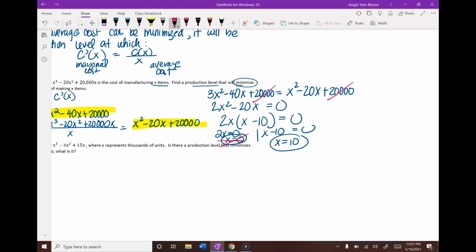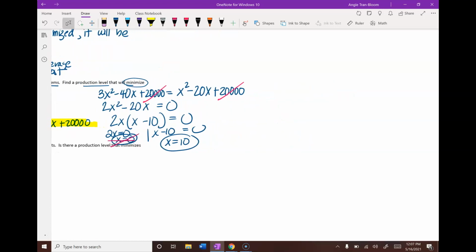So to minimize average cost, students, this company would need to produce 10 items, okay? So to minimize average cost, 10 items would need to be made.